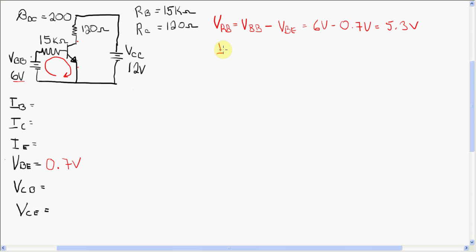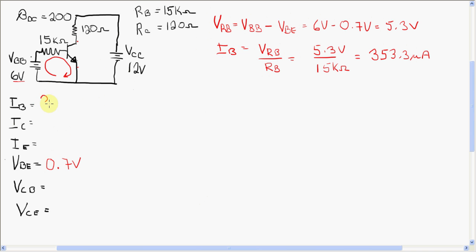Ohm's law then, the one we're really after, would be IB. So what's the current on the base? The current on the base is just Ohm's law: VRB divided by RB, which is 5.3 volts divided by 15 kilo ohms, which is 353.3 microamps.